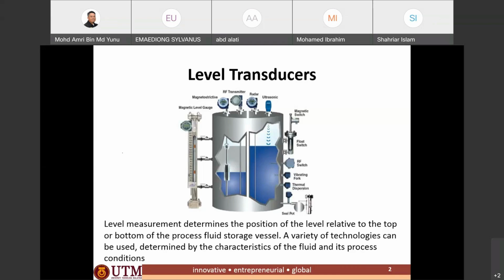Broadly speaking, there are two main types of level sensors. The first one is the continuous level sensor, and the second one is the point level sensor.